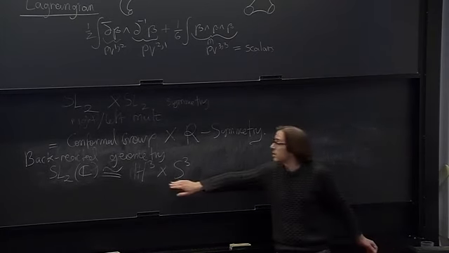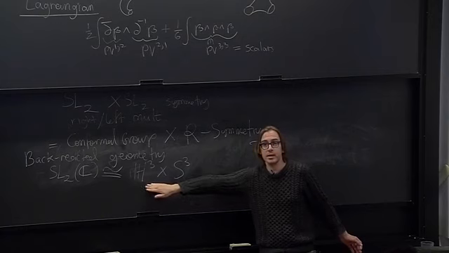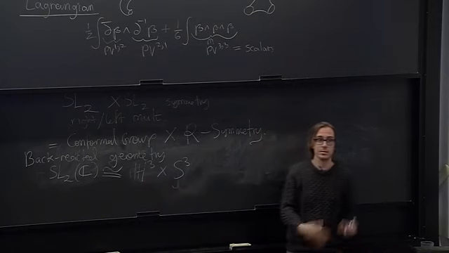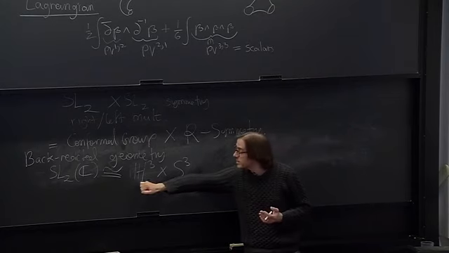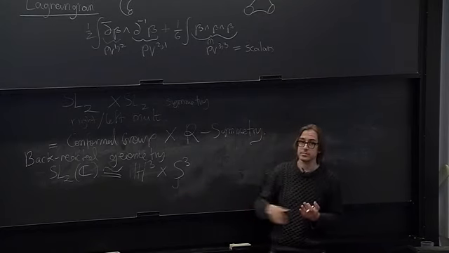So this is the usual Euclidean version of AdS3 times S3. So this is the right kind of setting for holography, where one SL2 acts here and the other SL2 acts here.